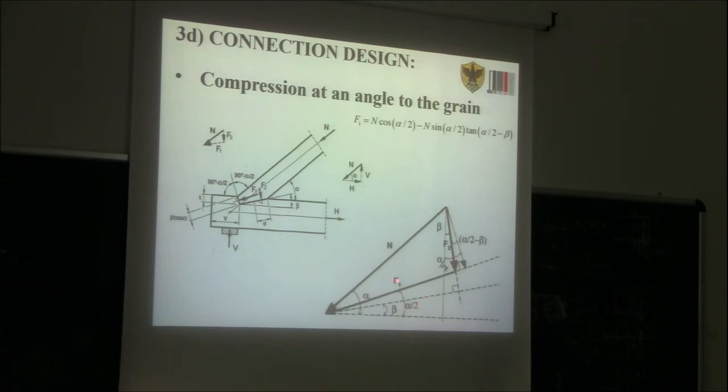So we could say that F1 is equal to N times cos of alpha divided by 2. So this line here is, you see, inclined by alpha divided by 2. So if you multiply N times cos of alpha divided by 2, we get this length here, from this point to this point. Okay? This is the length from this point to this point. And then to get F1, we need to subtract the length from this point to this point here.